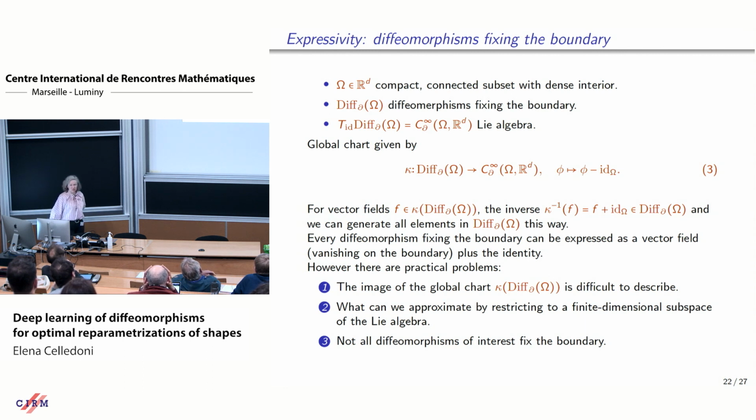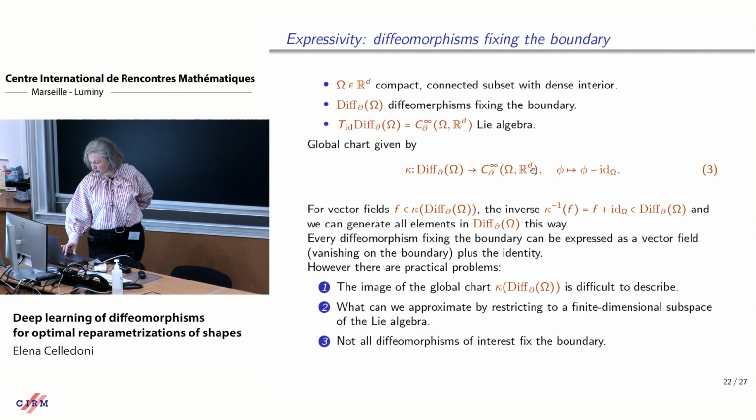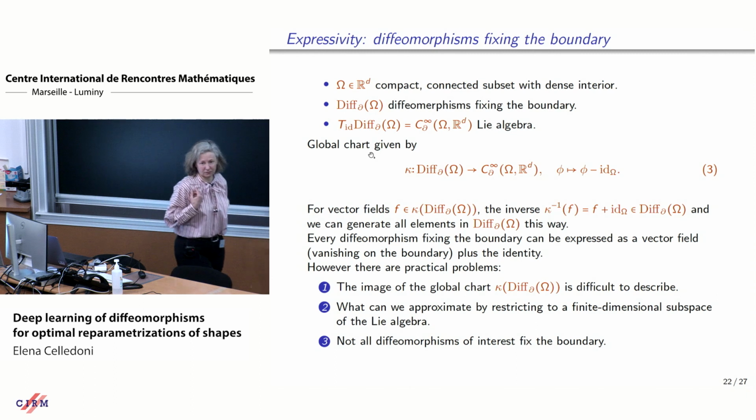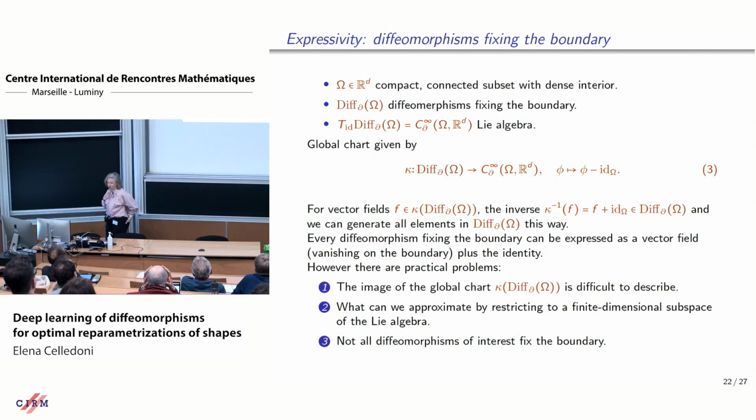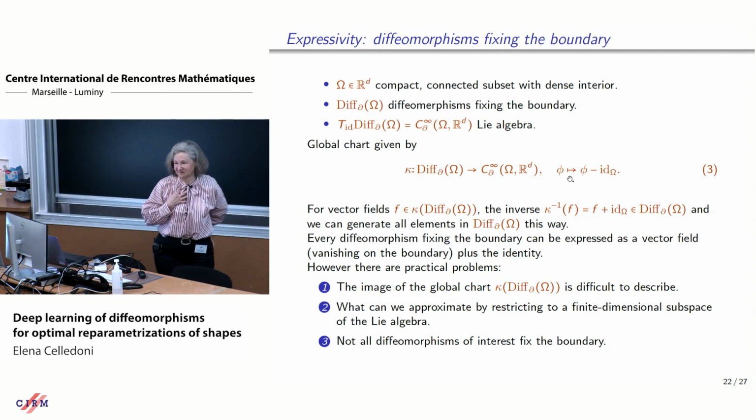And it turns out you can prove that there is a global chart for the diffeomorphism group. So this is the tangent space. There is a map K, which is a global chart. Only one chart, so you can describe the whole manifold with one chart. And this global chart is the inverse of the Euler method.